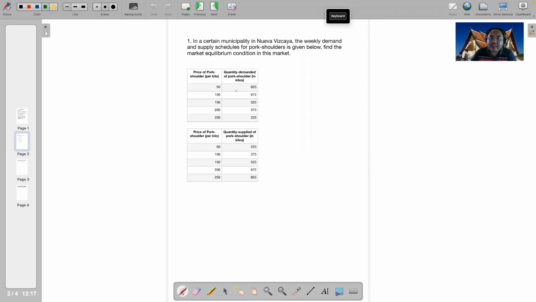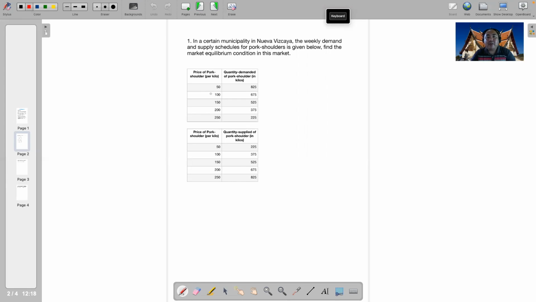In a certain municipality in Nueva Vizcaya, the weekly demand and supply schedules for pork shoulders are given below. Find the market equilibrium condition in this market. In other words, when does market clearing occur? Like we said before, we have to spot the price level and the quantity level that are exactly the same between the two schedules.